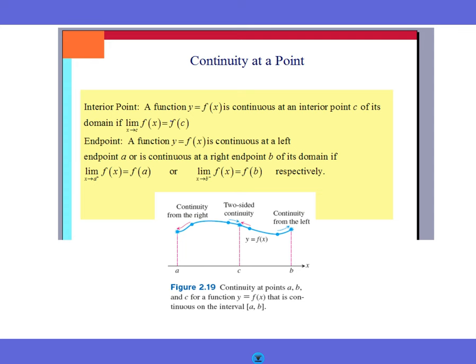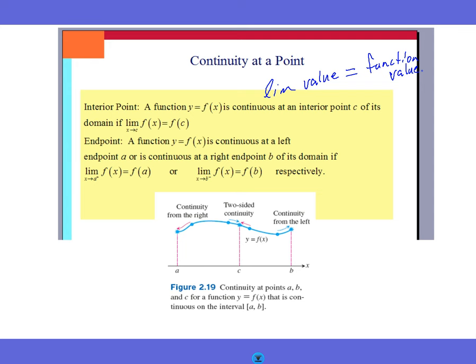Isn't that what we just found out? So what this is saying is that for continuity at a point, the limit value has got to equal the function value. That is what it means to be continuous at a point.